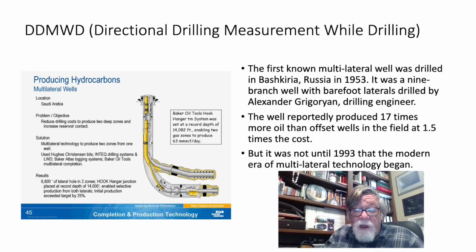So if you look at it that way, this is an economic adventure, even though the drilling costs go up. But that technology was sitting around for almost 40 years before it wasn't until 1993 that the modern era of multilateral technology began.